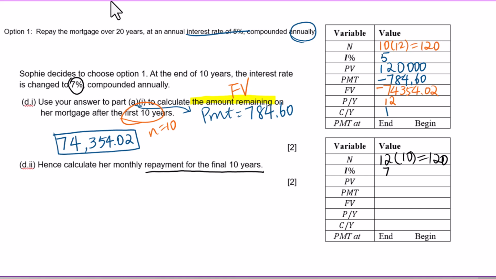Present value will be the remaining amount, because within 10 years, Sophie needs to pay off this remaining balance. PMT is something we are looking for. Future value will be 0. Payment per year is 12, compounded annually, so CY is 1. We will use end. Let's go to calculator.